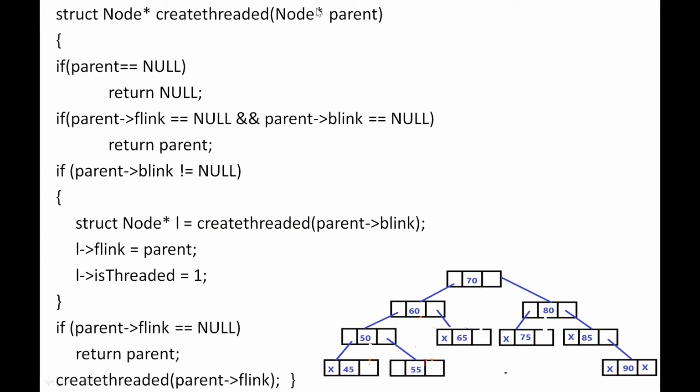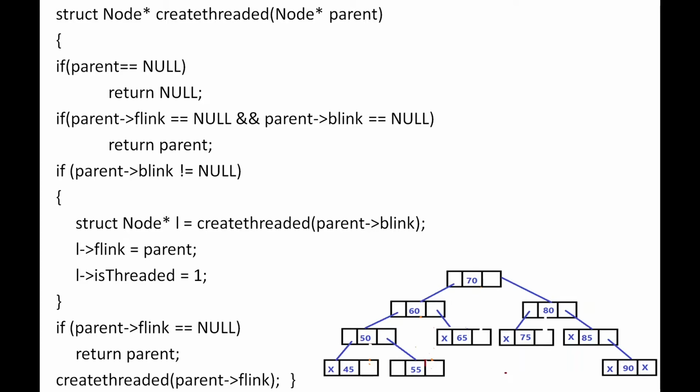Now we have the program code for the conversion of a normal binary tree into a threaded tree. We have already completed the implementation of binary tree representation using a linked list. So let us assume that we have that program through which we construct the binary tree.